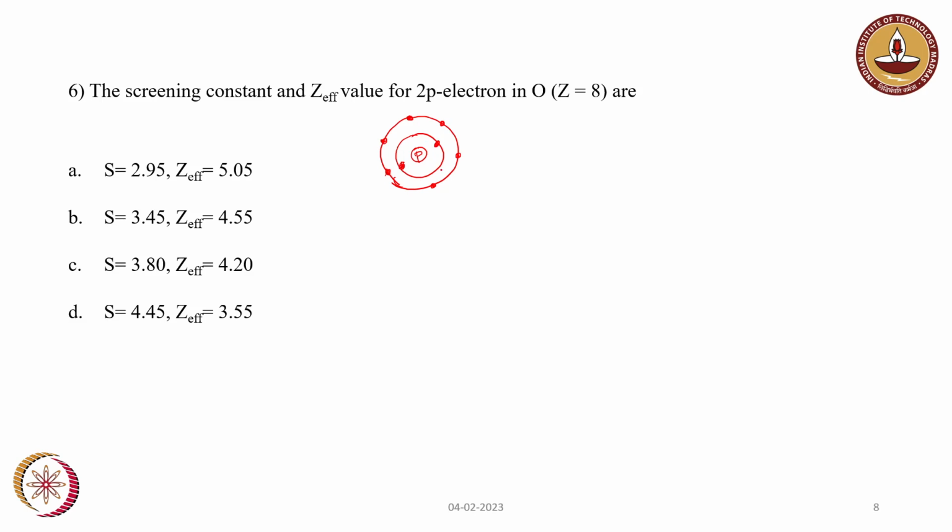If this is the first shell and this is the second shell, the nuclear charge will be attracting these electrons, and the extent of attraction will be different for different shells.